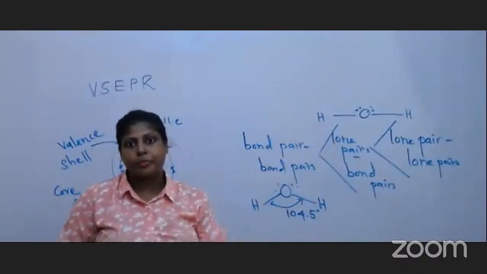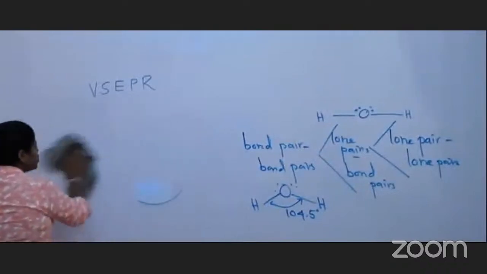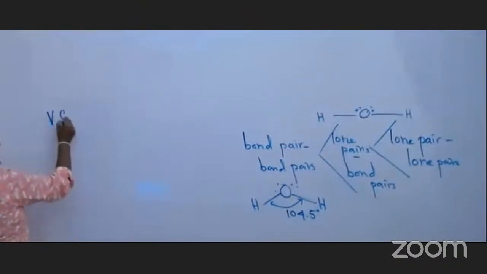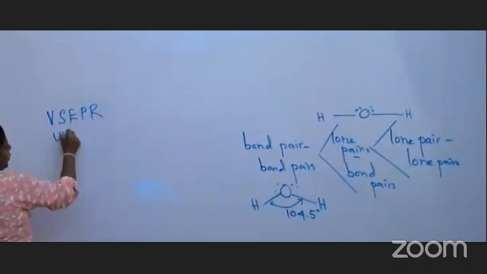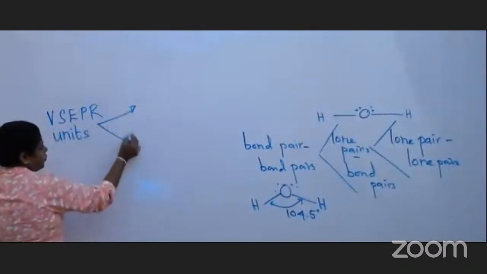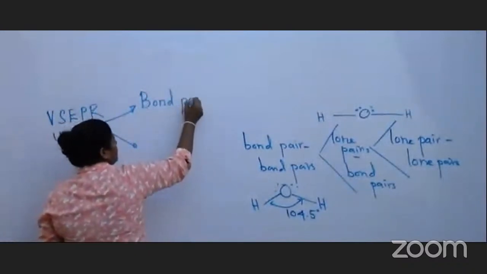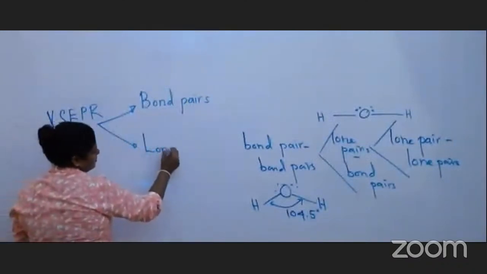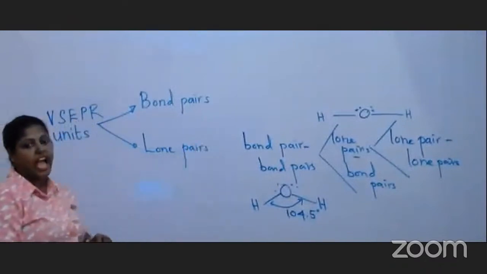So all VSEPR units can be categorized into two groups. Valence shell electron pair repulsion units can be categorized into two groups: bond pairs and lone pairs.